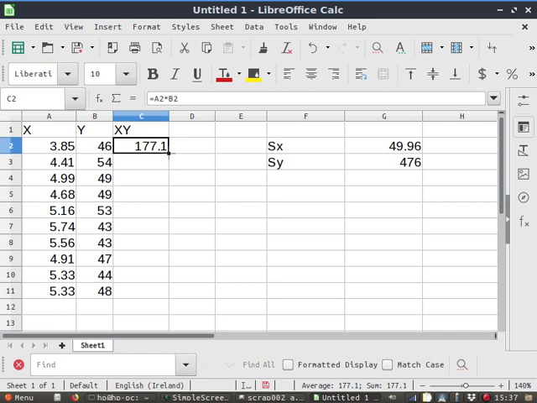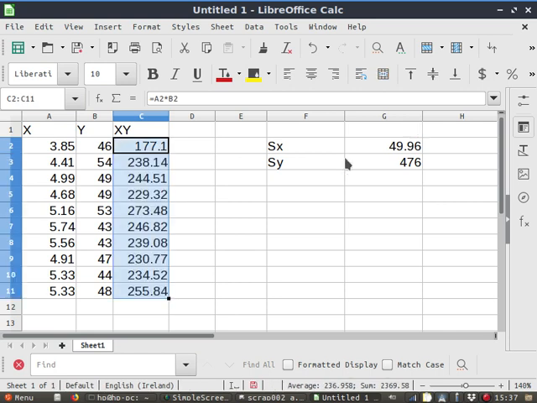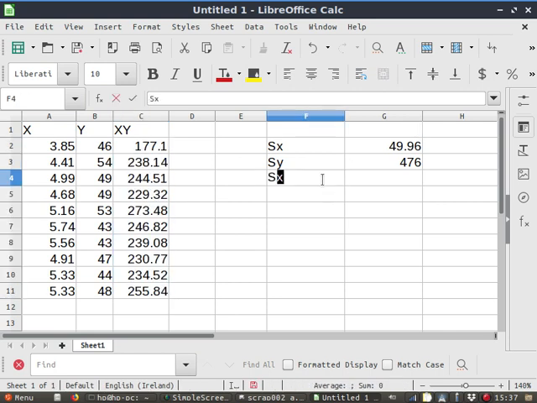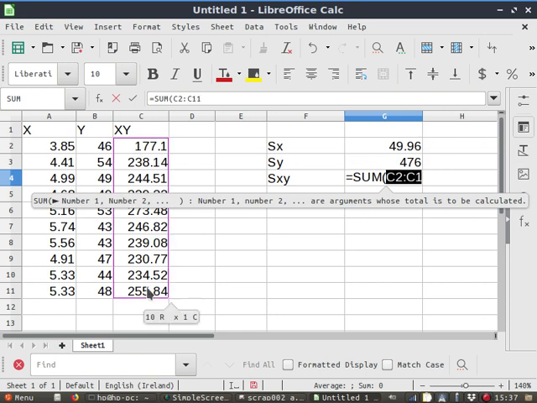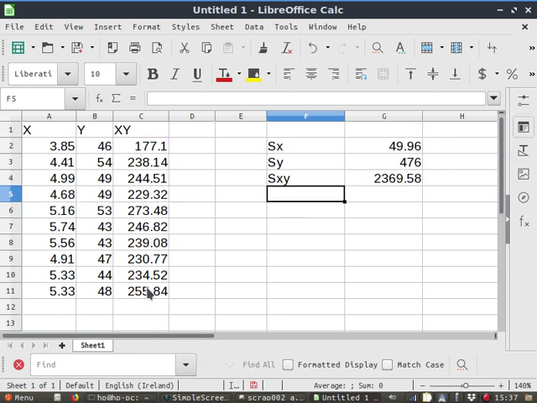Okay, and copy that down, and then this is S, X, Y, which is not X plus Y, and it's not these two multiplied. It should be the sum of xy, these guys here.